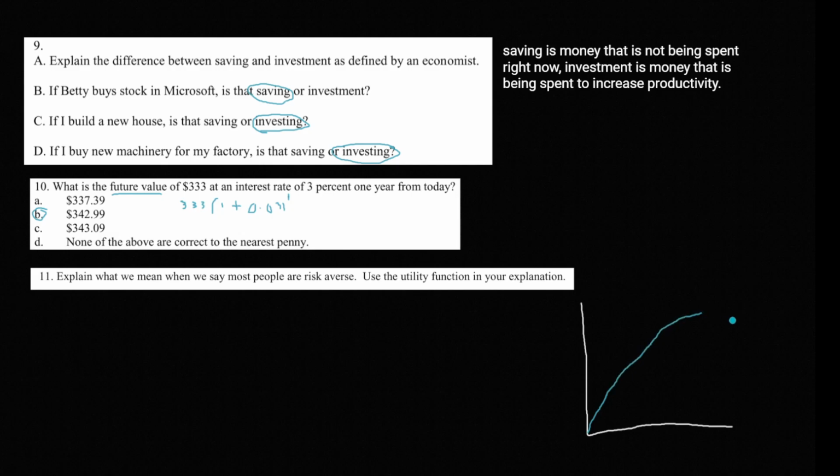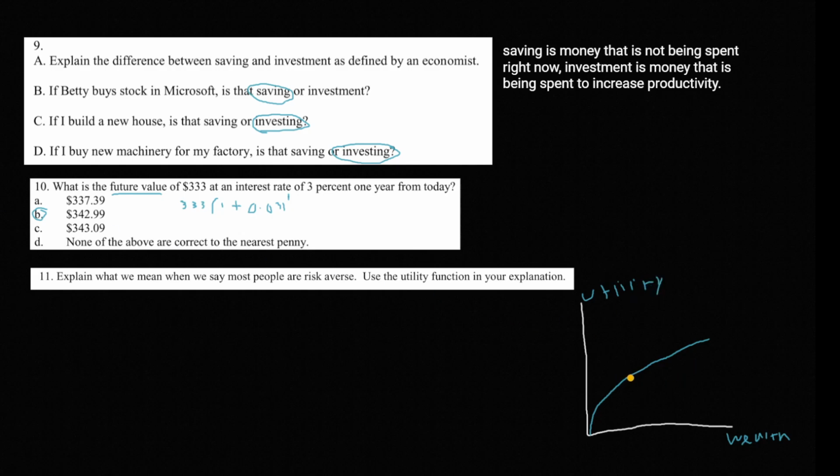We should probably label our axes. That is not supposed to be linear either. We get wealth and utility. So this is our utility function.